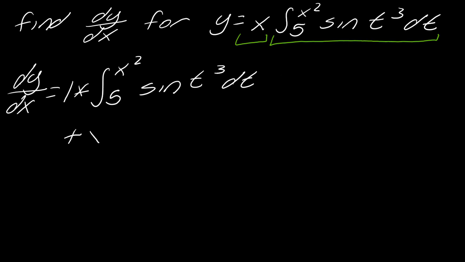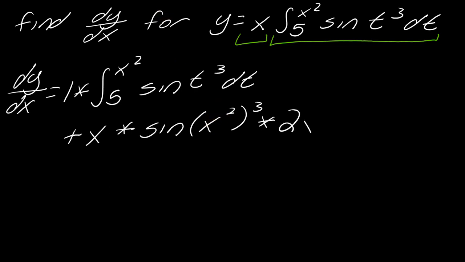Plus x times, first I'm just going to write out this function. I've got sine, except now instead of t, I plug in this x squared. So I'm going to write sine of x squared, and then all of that cubed. And then I have to multiply that by the derivative of x squared, which is 2x.